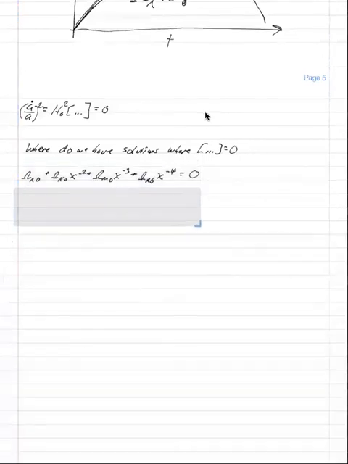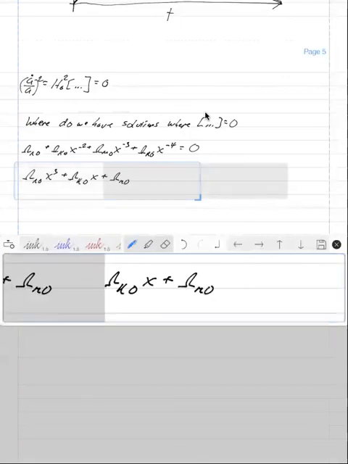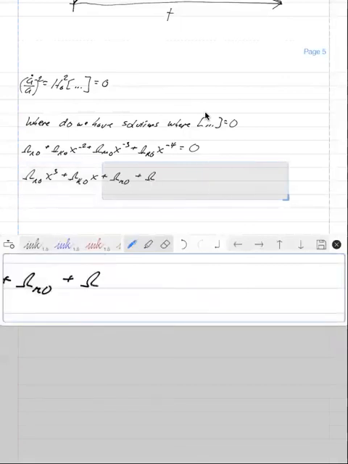If you want to do this on your own, just as a practical aside, it's easier to set this up as a cubic equation. Multiply both sides by x cubed, and you will get omega lambda 0 times x cubed plus omega k 0 times x plus omega matter 0 plus omega radiation 0 x to the minus 1 equals 0.